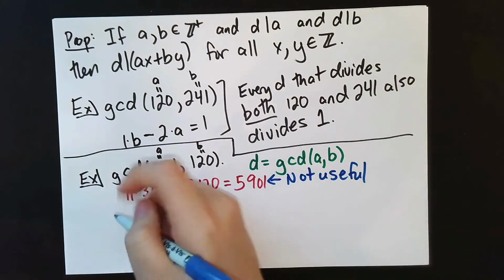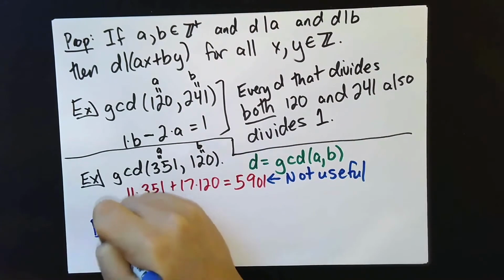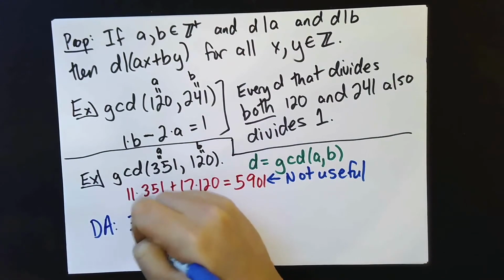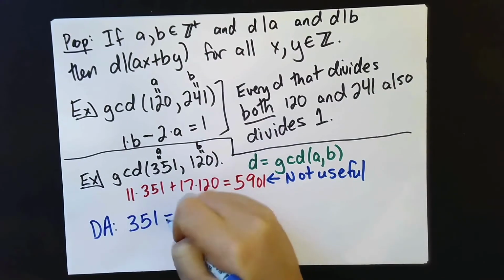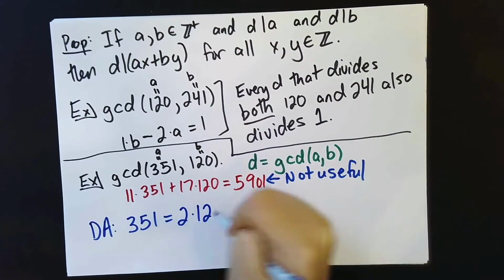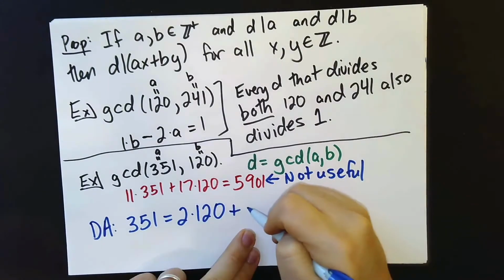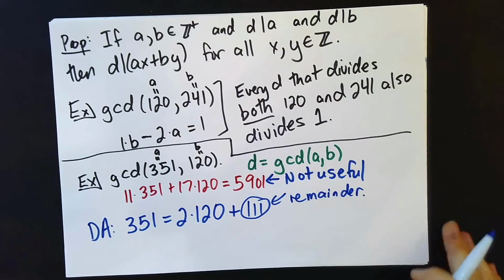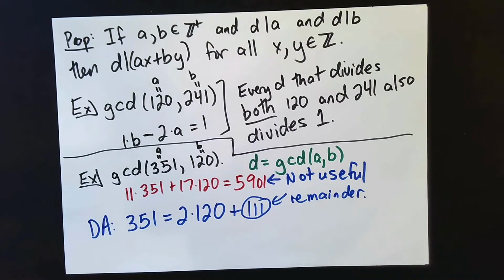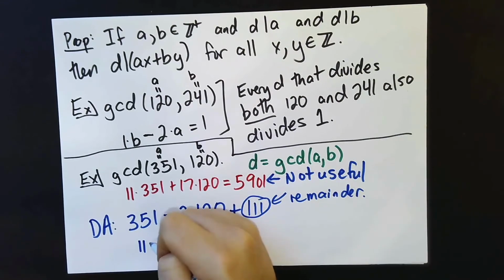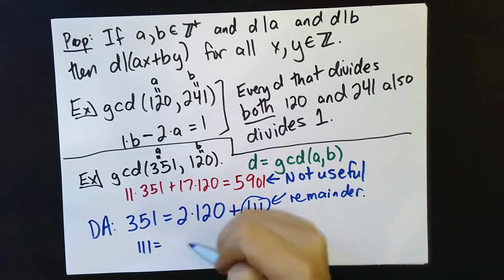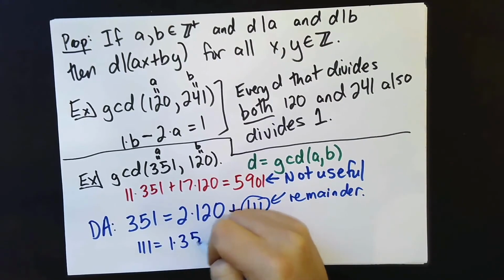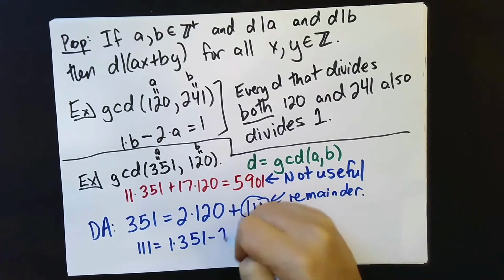But if I do that, the division algorithm tells me 351 is equal to 2 times 120 plus, well, it works out to be 111. So what did we learn? Well, if I rewrite this equation just a little bit, I'll get 111 is 1 times 351 minus 2 times 120.